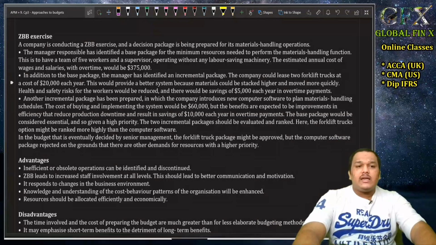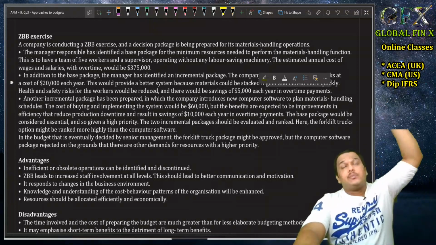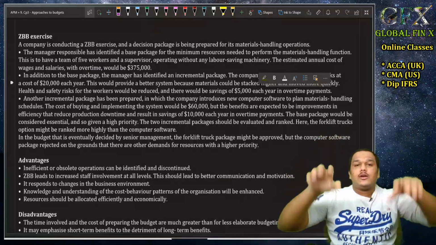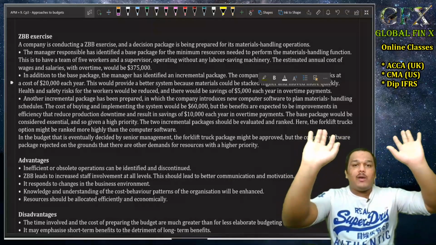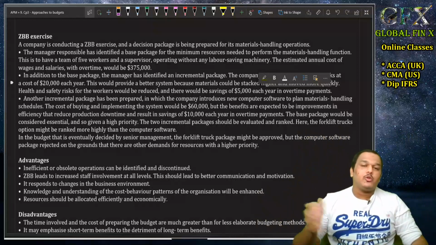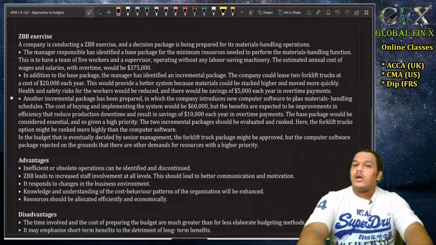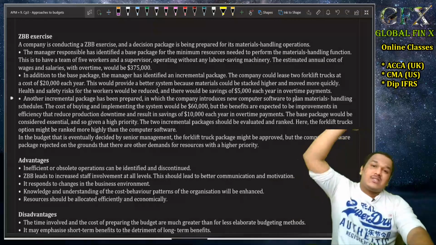So you can lease it at a cost of 20,000 each year. Then this would provide a better system because material could be stacked higher, like you can keep it one on top of another. Suppose labor is there, so you cannot throw it and keep it, right? You can only go up to a maximum level, but if there is a machine to do that, it will keep it higher and higher. If you go to Walmart or Metro in India, Metro or else Walmart in other countries, you can see that there are huge stacks of items.